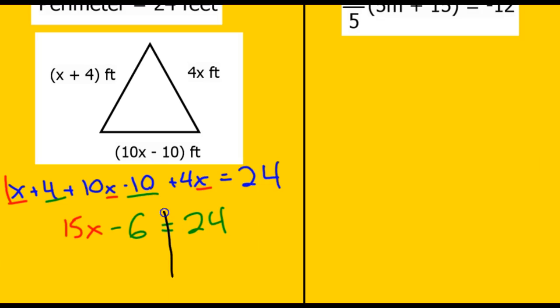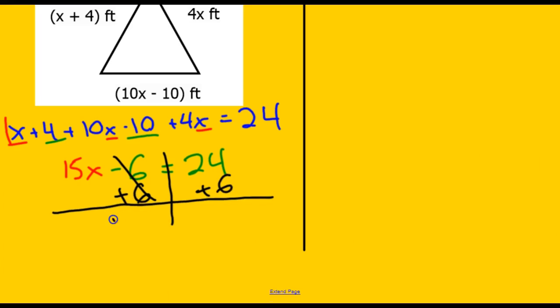Now I see that we have a subtraction problem, so I know that I can undo that by adding. So we cancel those out, and we get 15x equals 24 plus 6, which gives us 30.